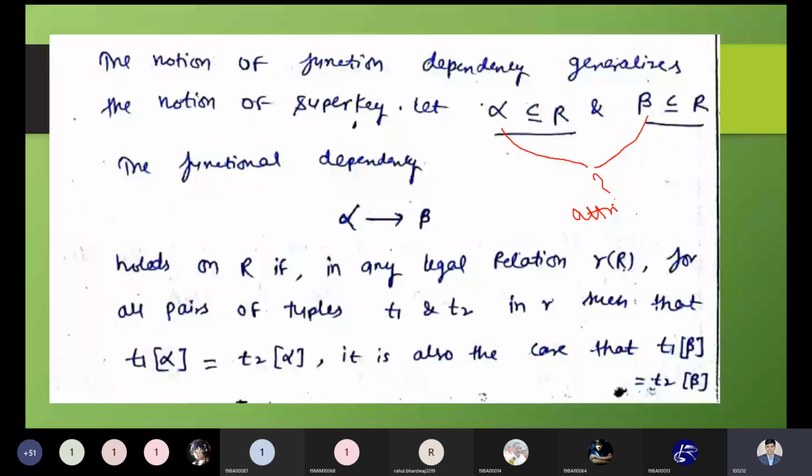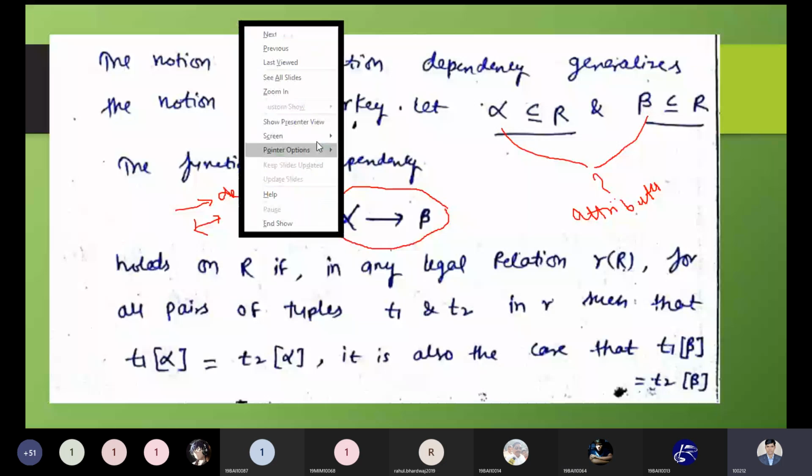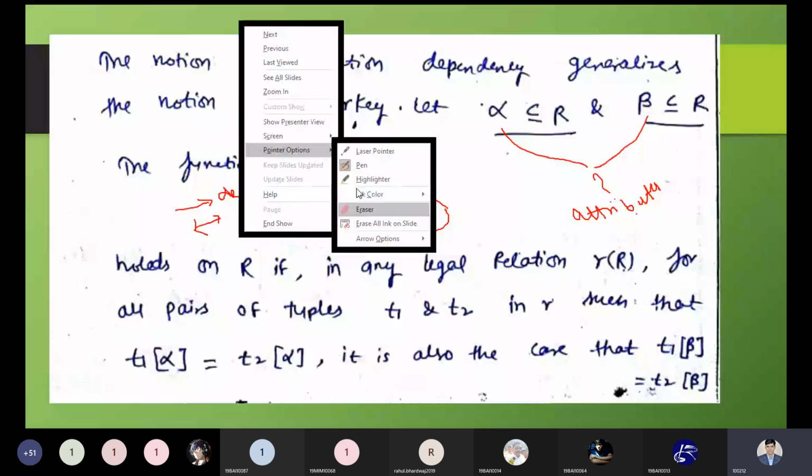So the functional dependency notation can be like this: alpha determines beta. If you are reading the arrow from left to right, then we use the term determinant. If you are reading this arrow from right to left, then it is known as dependent. So it depends upon your reading point.